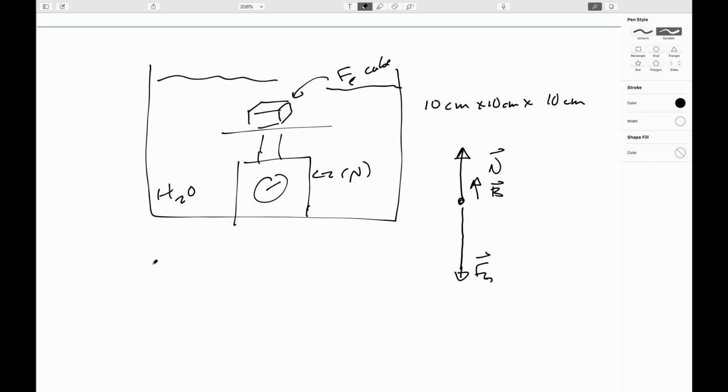Well, we can take our forces going up. That'll be the normal force plus the buoyant force. We subtract our forces going down. That's gravity. That has to equal ma sub y. But if we're reading on a scale, presumably the cube is at rest, so the acceleration is 0.